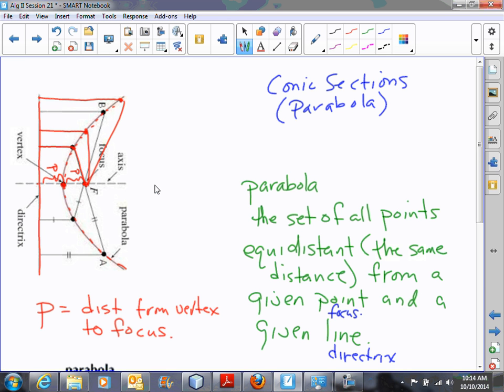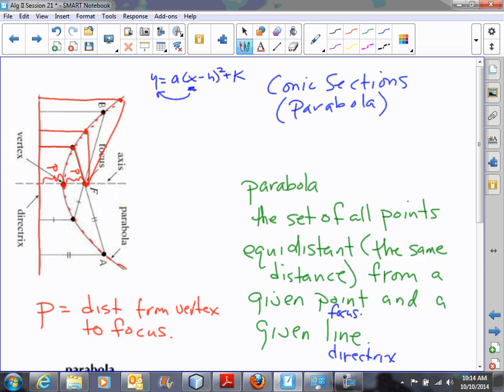This is vertex form for a parabola. y is equal to a times (x minus h) squared plus k. And you learned things like if a was positive, the parabola is opening up. If a is negative, the parabola is opening down. But what I'd like to focus on right now is that this is the quadratic function. In other words, we have x as the input and y is the output.